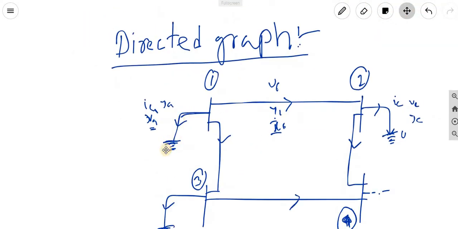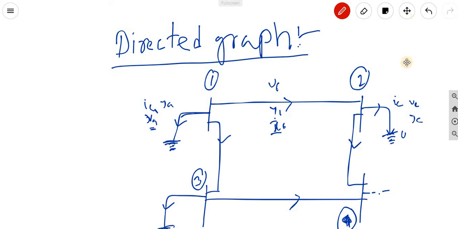This one is one branch, and the direction does not matter. For this branch from 1 to 2, it may be in this way also. Whatever the direction, you have to maintain it, because in a directed graph the direction should be there.